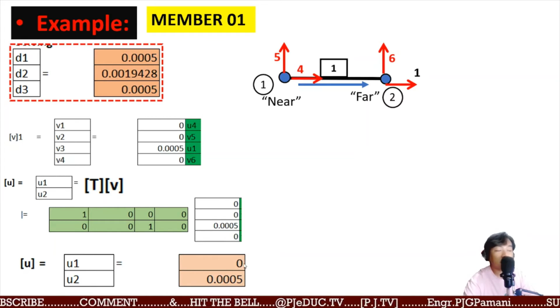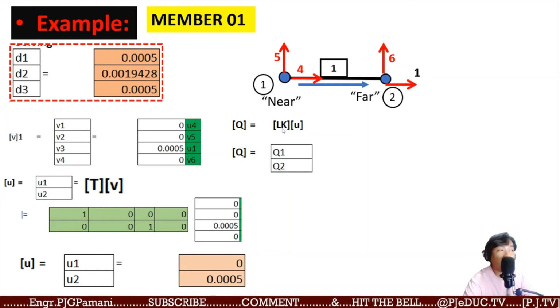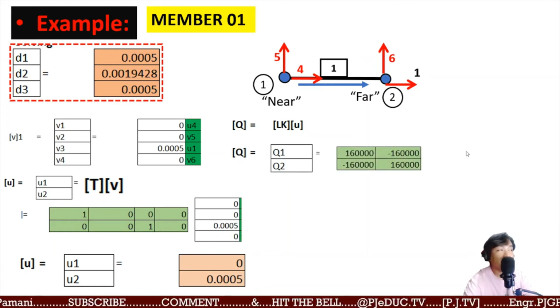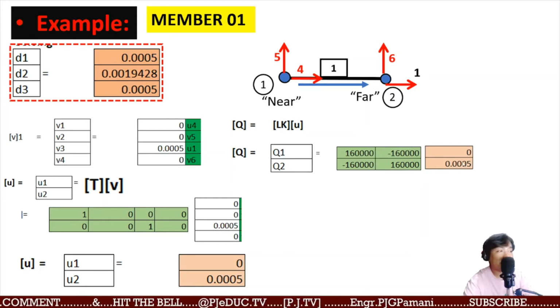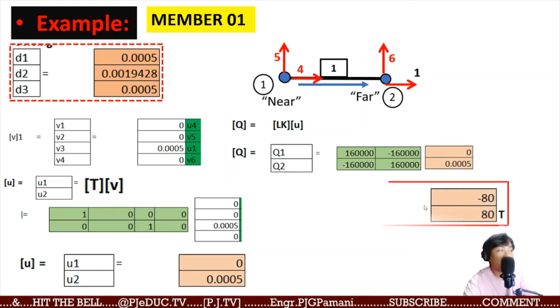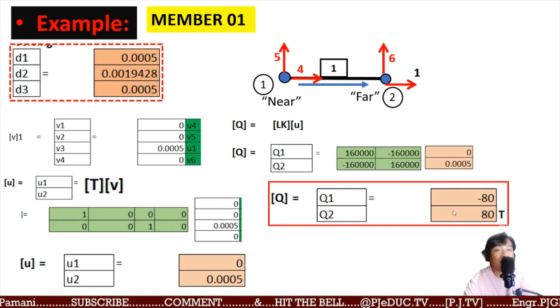Which is 0 and 0.005. Then multiply U with the local stiffness matrix. Remember kung ano yung nauna. Local stiffness matrix times the end displacement on local coordinate system gives us Q of negative 80 and 80, or simply 80 kilonewton in tension for member 1.